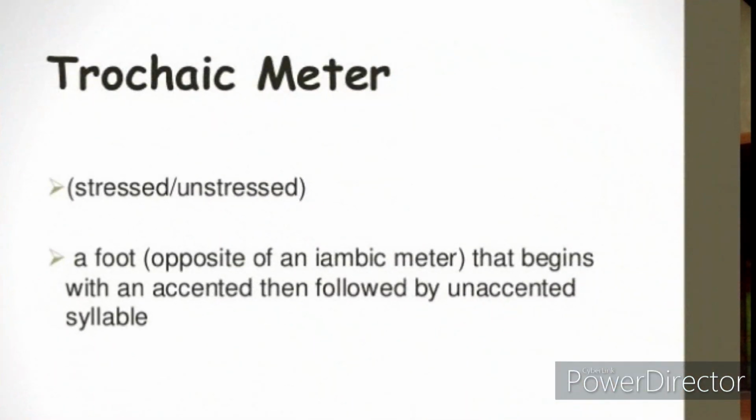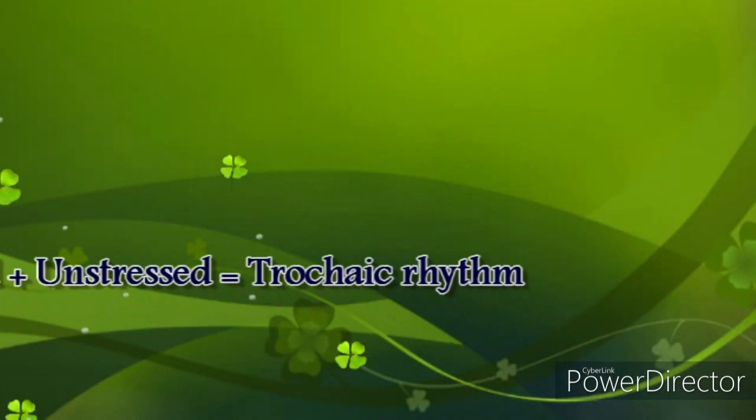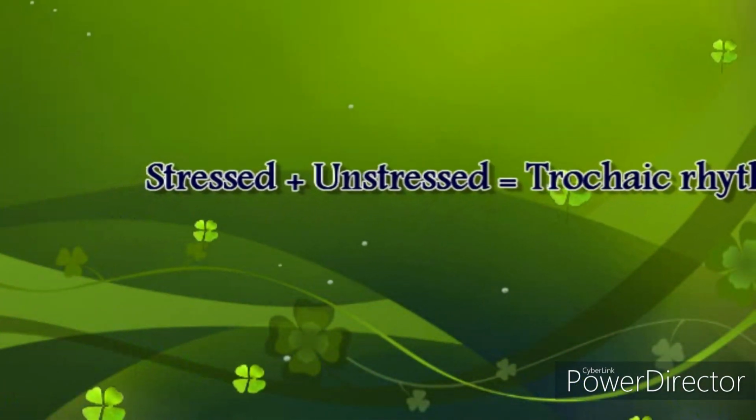It is the combination of 2 syllables. The first one is stressed, the second is unstressed. Remember, the iambic is an unstressed syllable plus a stressed syllable. The trochaic has the first syllable stressed plus the second syllable unstressed.